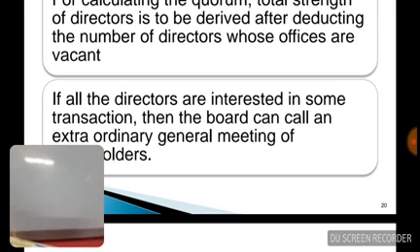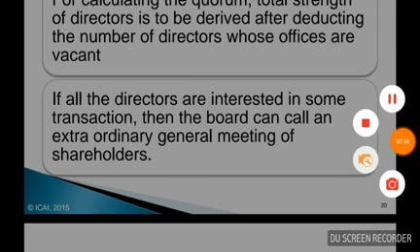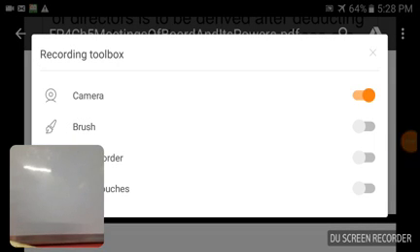Generally, as we have discussed, if the board has decided to transact any urgent businesses, a shorter notice is allowed. And also, every time they need not meet physically to discuss small issues, and they need not conduct the meeting because it costs a lot of money to the company for conducting the board meeting.